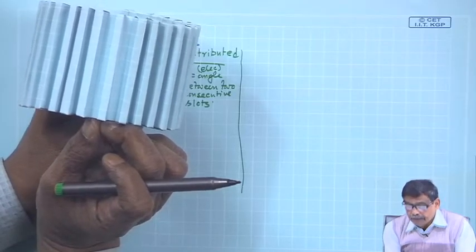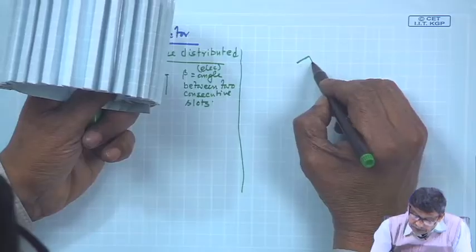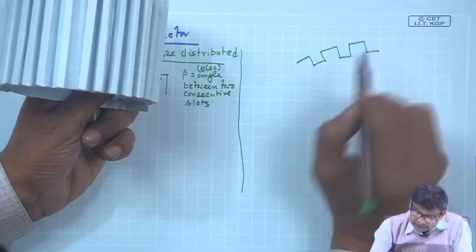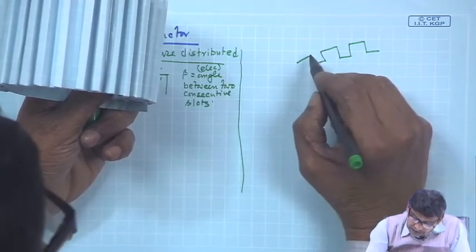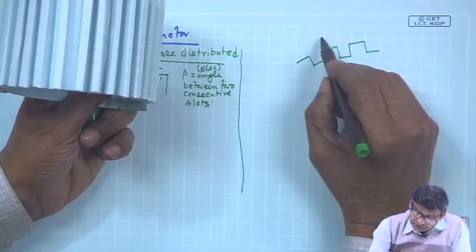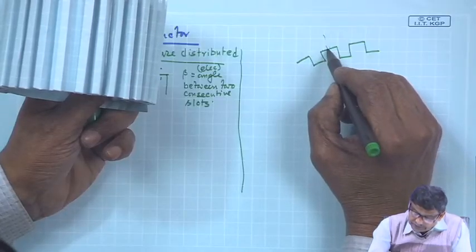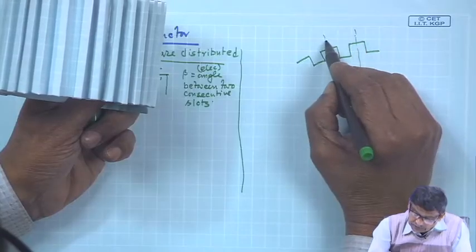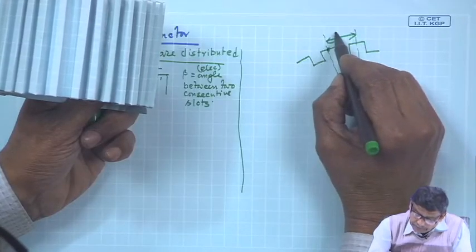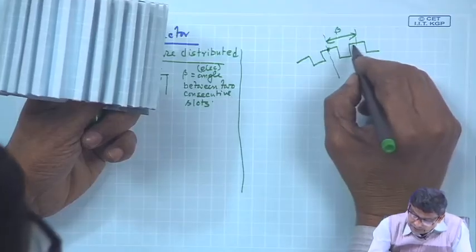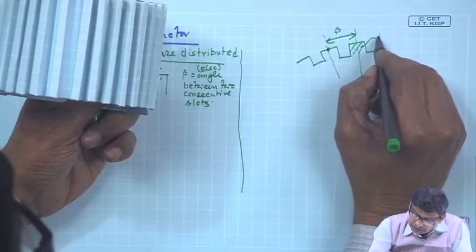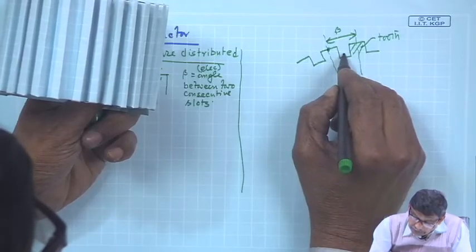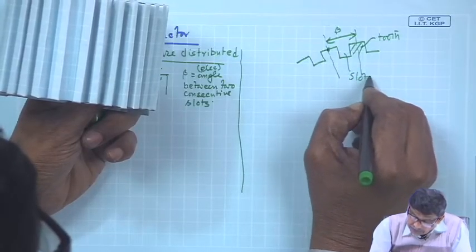Got the point? So, number of slots are like this, it is going like this. So, the angle between the 2 consecutive slots, see this center of this tooth and center of this tooth, this is also beta. If this part is called the tooth, and this part where conductors will be placed is called slots.